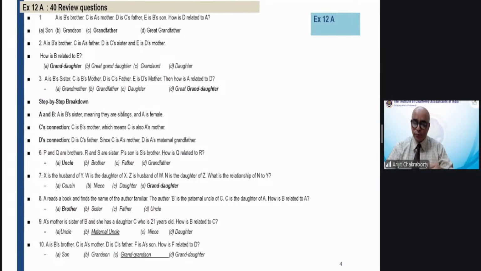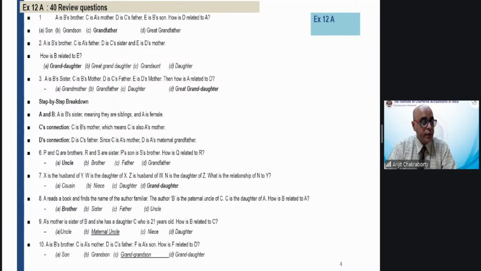At the lowest, we have F, who is from the current generation. And then we have F is the son of A, and B is A's brother. That means A and B are one generation, and their next generation is F. And above A and B, we have C, because C is the mother of A as well as B. And at the highest level, we have D, the oldest here.